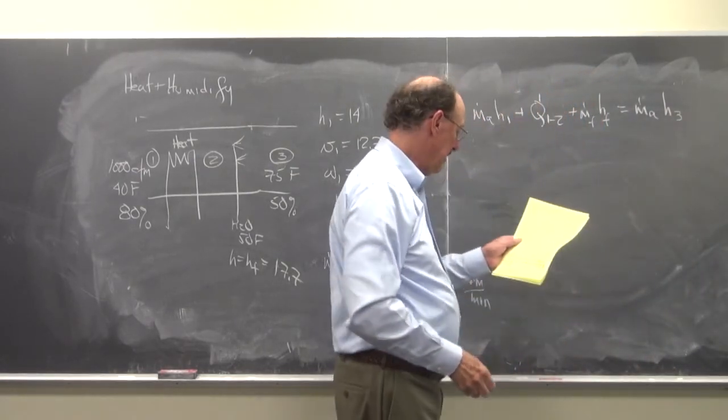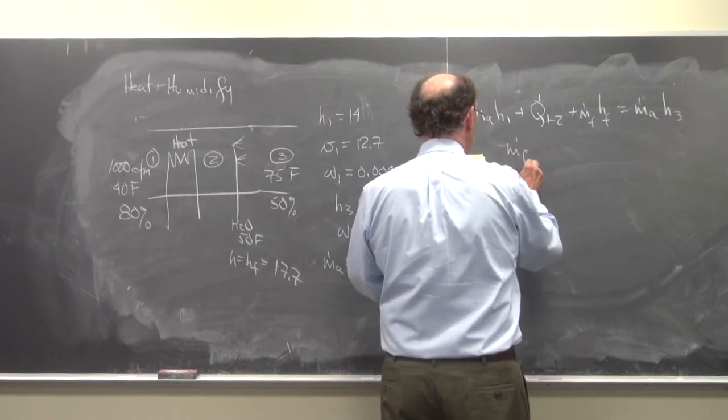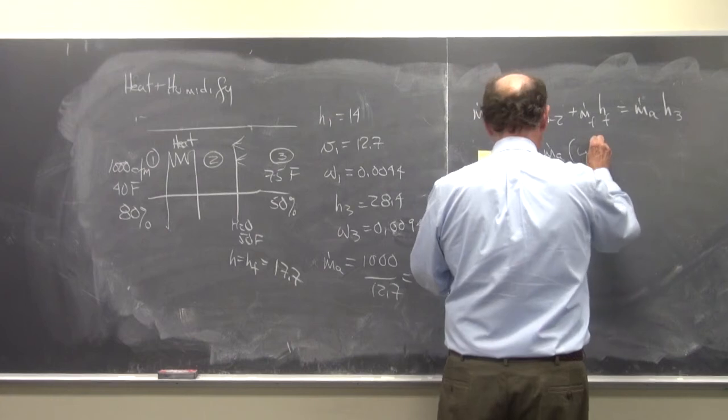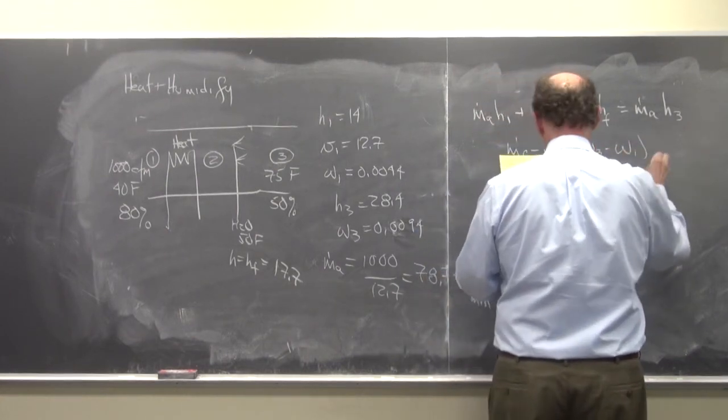That's what's leaving. And m dot F is equal to m dot A times omega 3 minus omega 1.